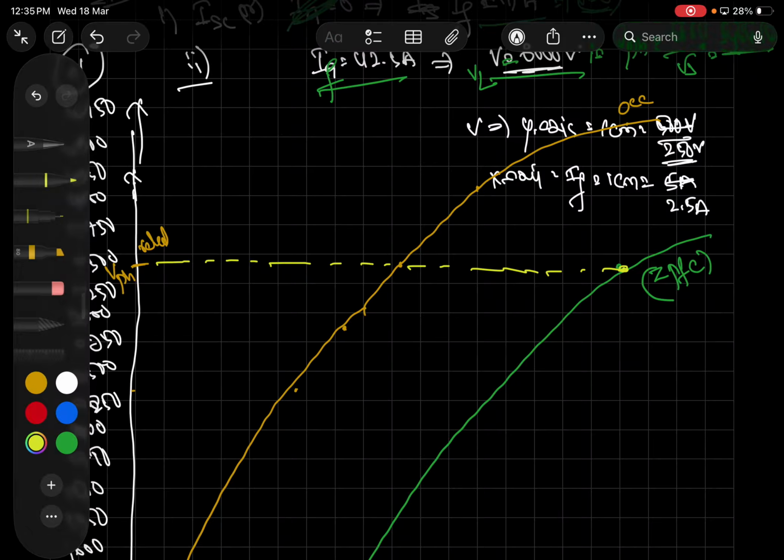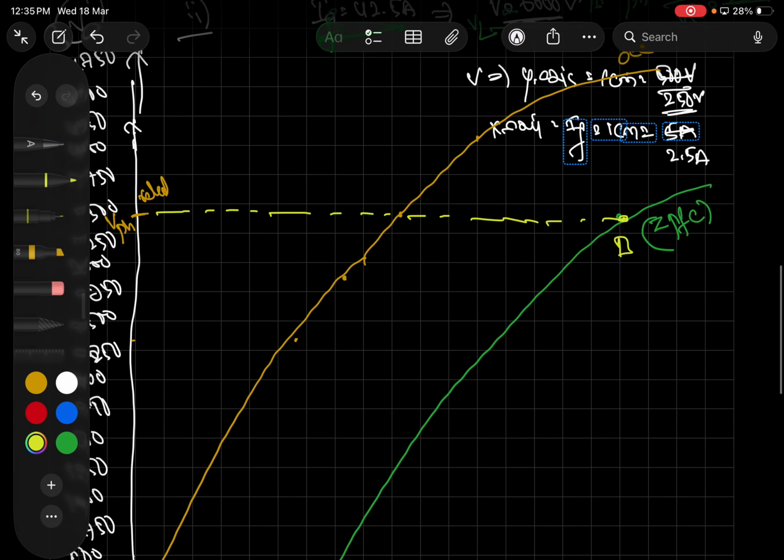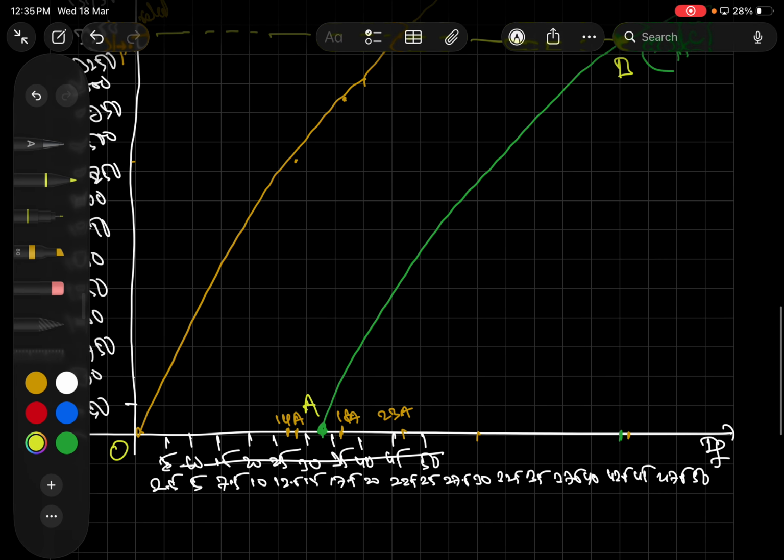Okay, let's assume that this is O, this is A, and I am considering this point as B here. Let's try to do it fast, as we already solved the previous problem and explained it in detail. Now measure the OA length in centimeters here, 1, 2, 3, 4, 5.